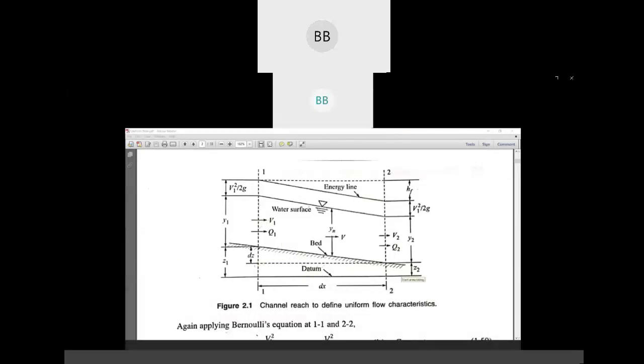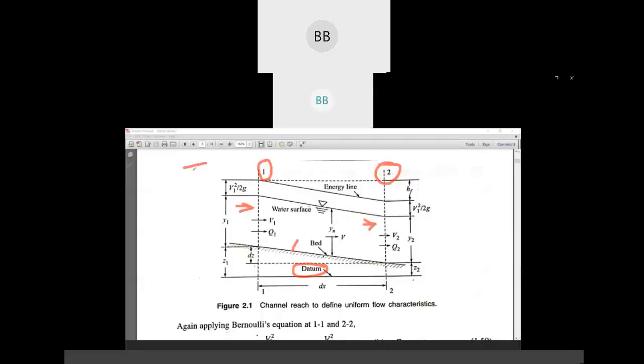You can see here, this is our reference or datum line, a straight line, and this is the bed of the channel. We have considered two sections, 1 and 2. Section 1 is at higher elevation and section 2 is at lower elevation, so water will be flowing from higher to lower elevation. The velocity we have measured for section 1 is v1, discharge is q1, and these things we have already studied, that is total energy.